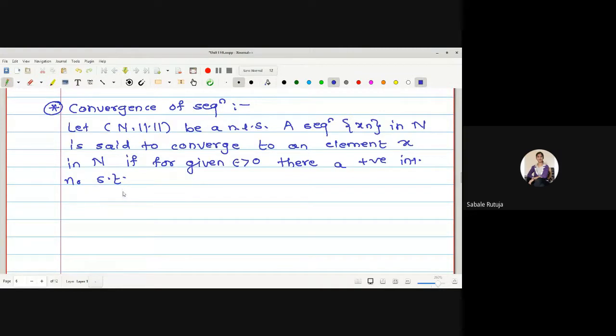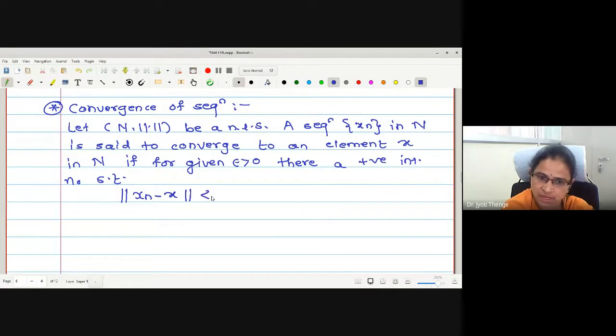Here we write norm of xn minus x less than epsilon for all n greater than or equal to n naught.